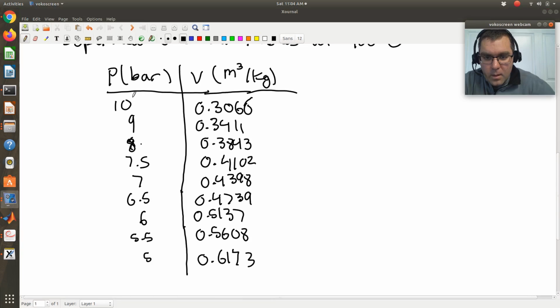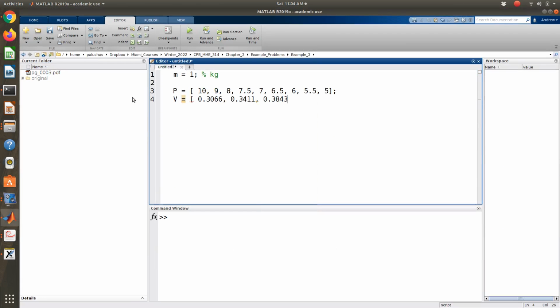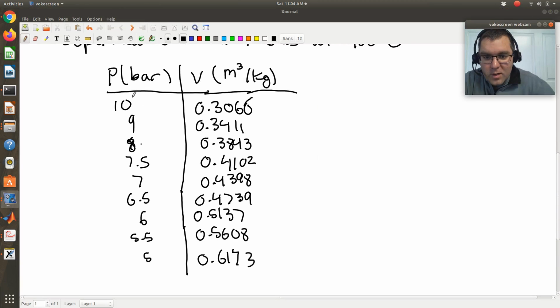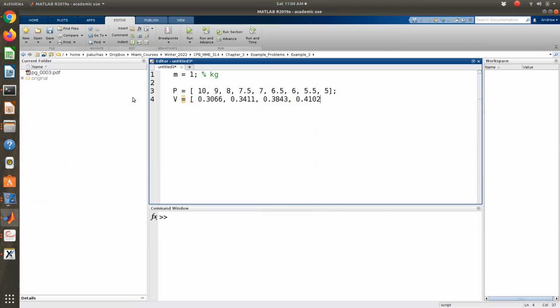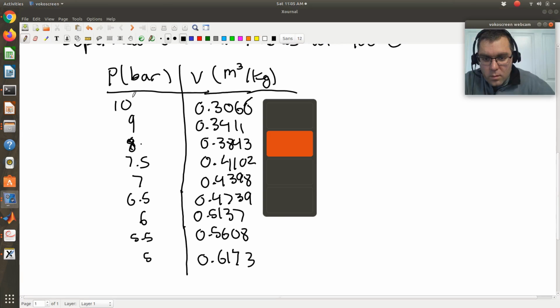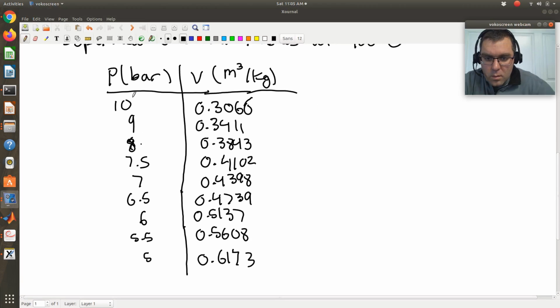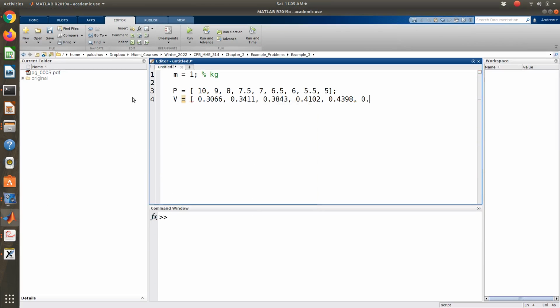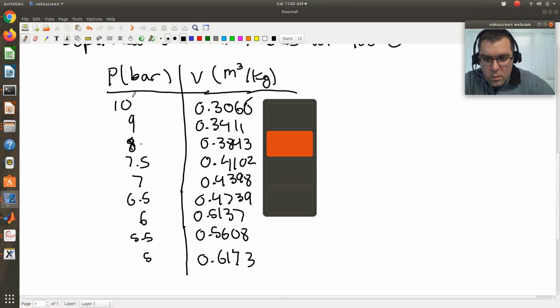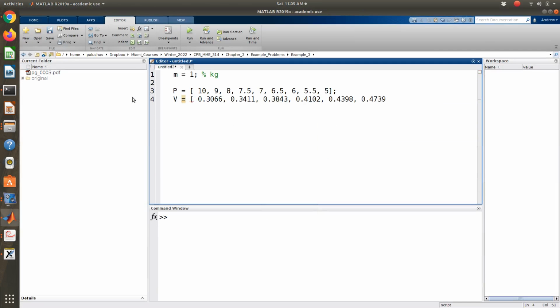And then my vector of volumes. Hopefully I don't introduce any typos. 4739.